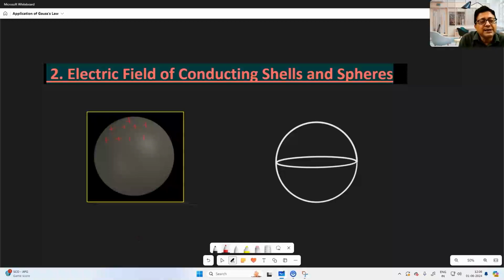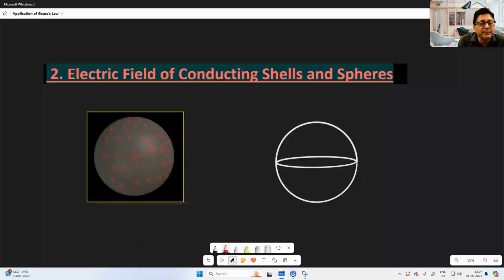Inside there is no charge, so charge will appear on the surface. And we are going to find the strength of electric field due to this sphere. Its radius is equal to R.